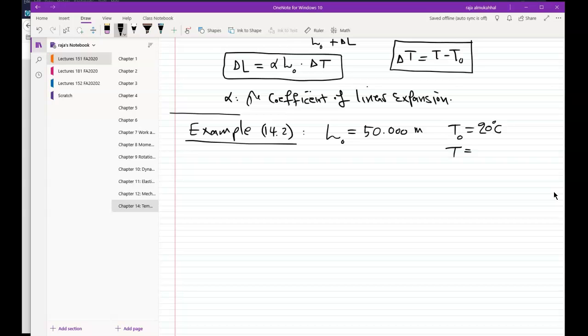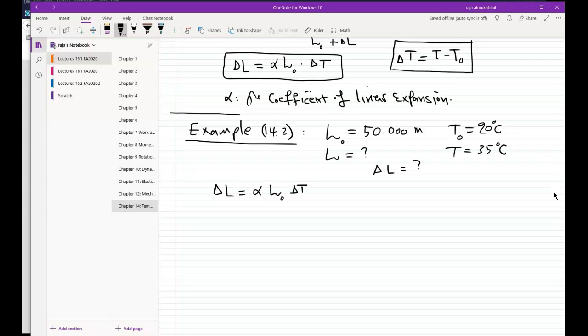I'm looking at the hard copy here. 35, yes. And we don't know the new length, okay? And we are interested in finding the delta L. We can find the length later, but we want to find delta L. So basically, delta L is equal to alpha L naught delta T, okay?